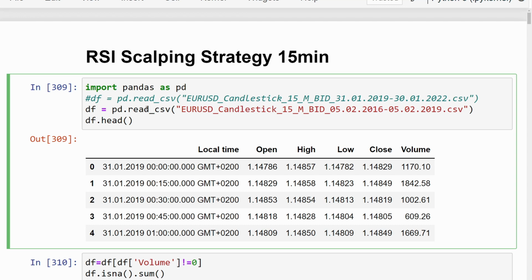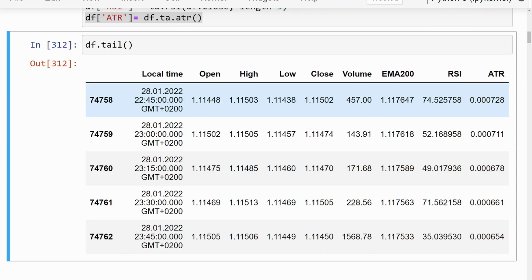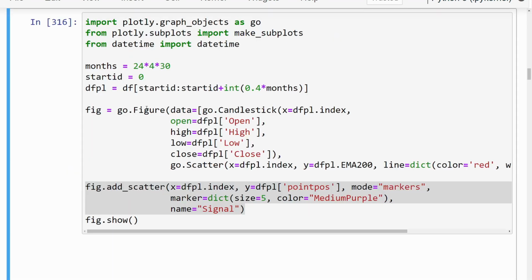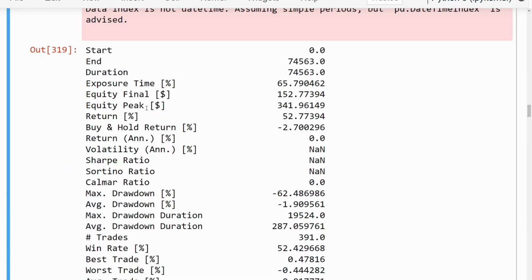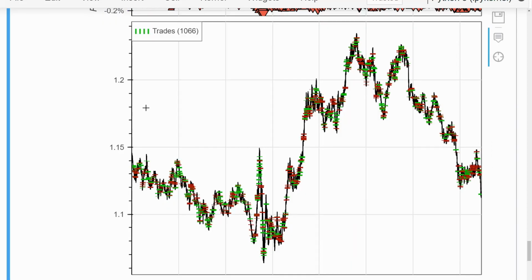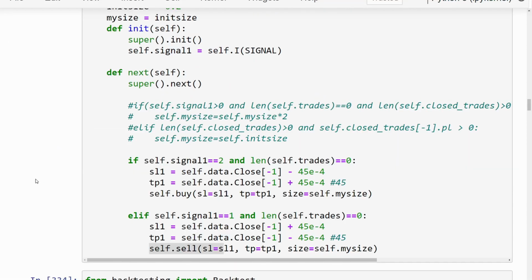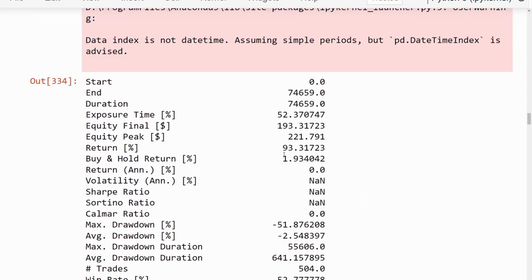And we're going to run this, and I'm going to run all the cells exactly as they were run for the previous set of data, just to show you the differences if you change the time we are running the same strategy on. Okay, the first management strategy using 45 pips fixed distance for stop loss and take profit values revealed 93% in return for the 3 years.